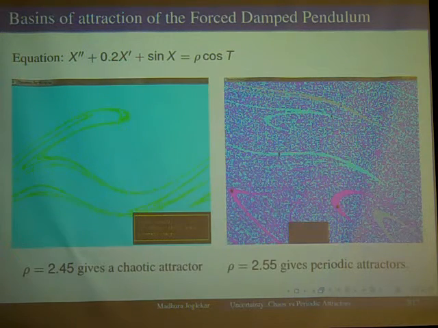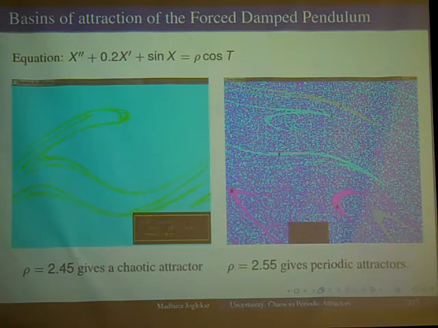In other words, there's no interior to those. At some point, the measure of the basin would go to 0. Yes, that's it.